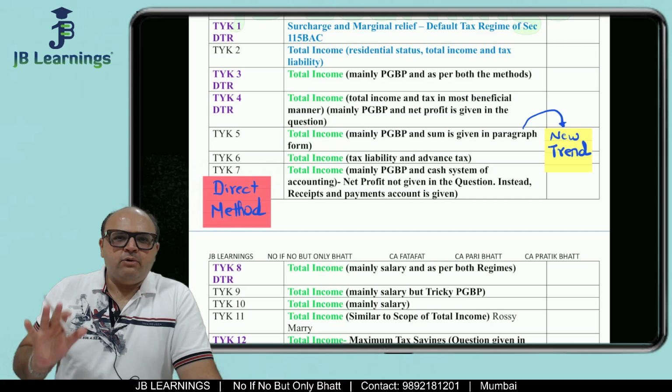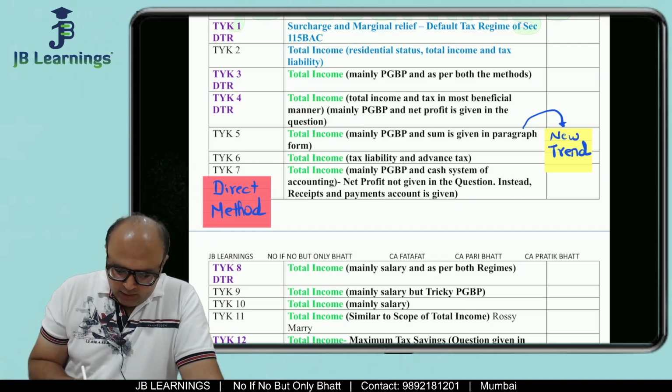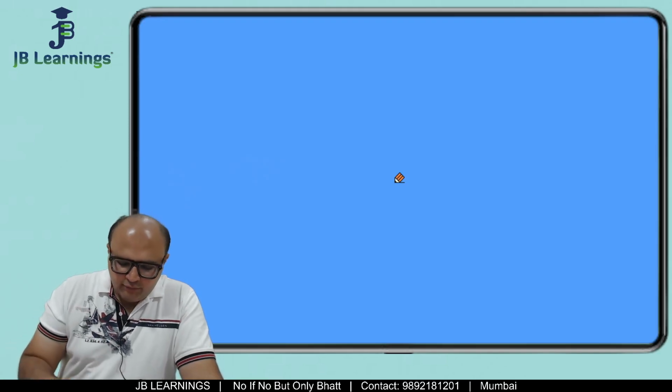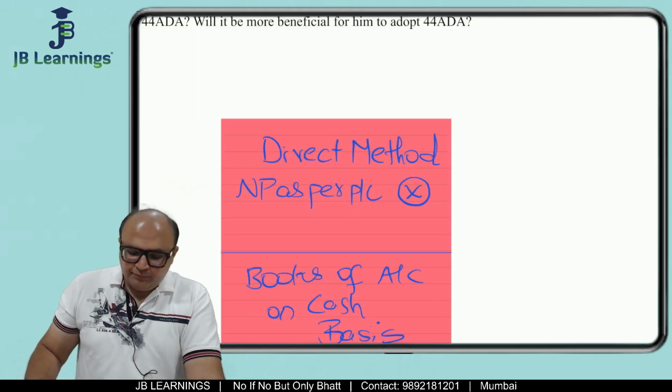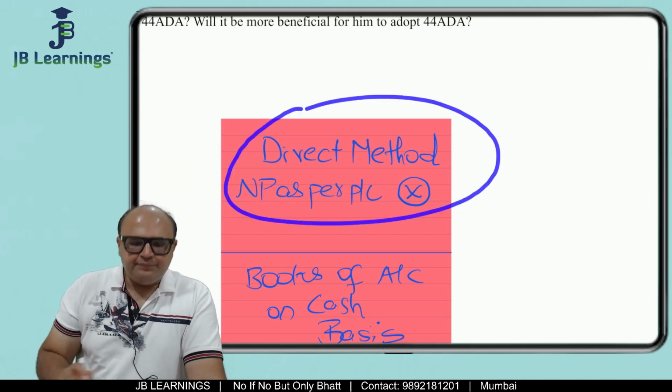So this is the only question in the module which is based on direct method. Cash system of accounting, net profit is not given in the question, and receipts and payment account is given. So this is the only sum in the module for your practice. So I wanted to discuss one more sum on direct method with you all.